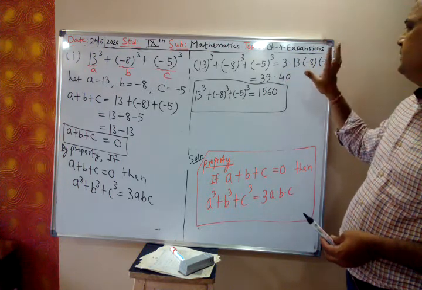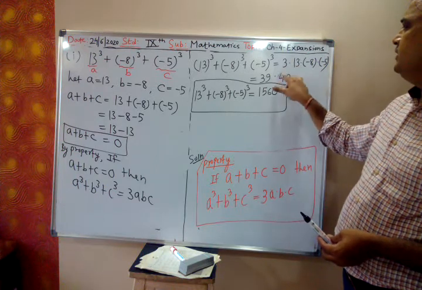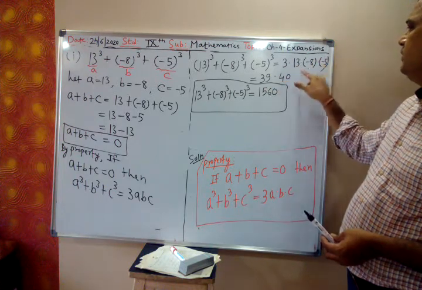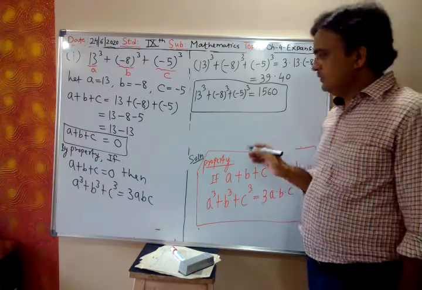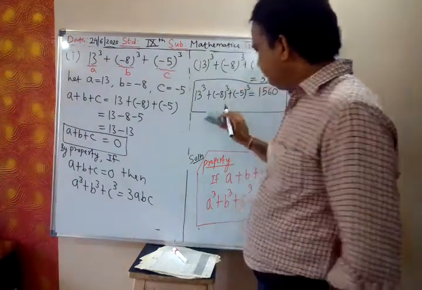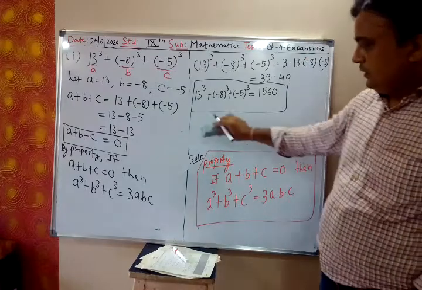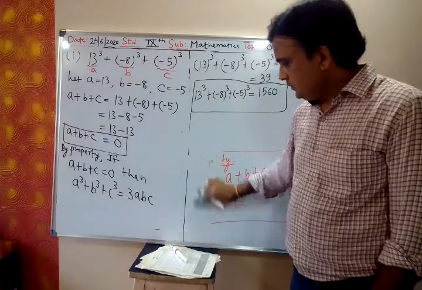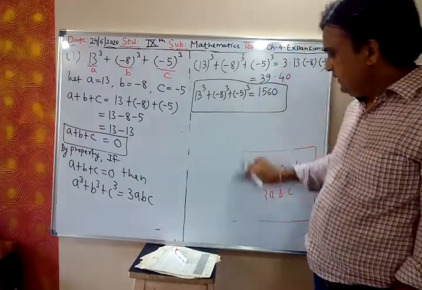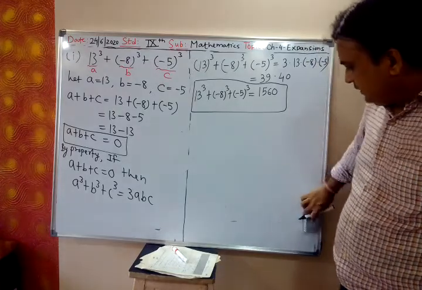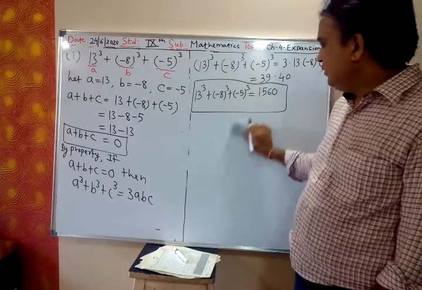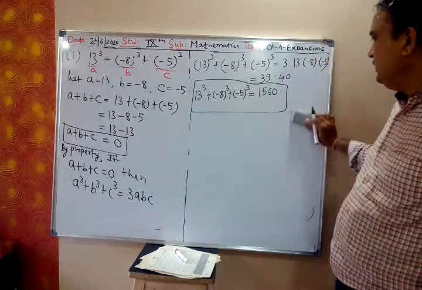Minus into minus is plus. 3 into 13, 39. 8 into 5, 40. 39 into 40 is 1560. So this is the answer. So this property we use if A plus B plus C is 0.